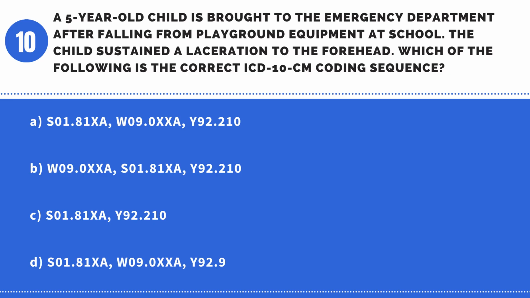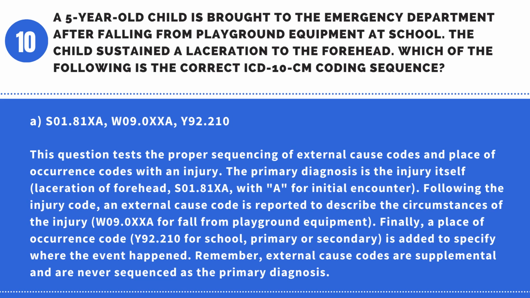Answer A. S01.81XA, W09.0XXA, Y92.210. This question tests the proper sequencing of external cause codes and place of occurrence codes with an injury. The primary diagnosis is the injury itself, laceration of forehead, S01.81XA, with A for initial encounter.